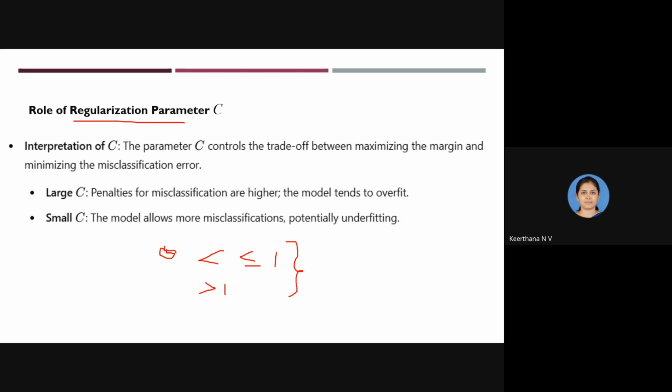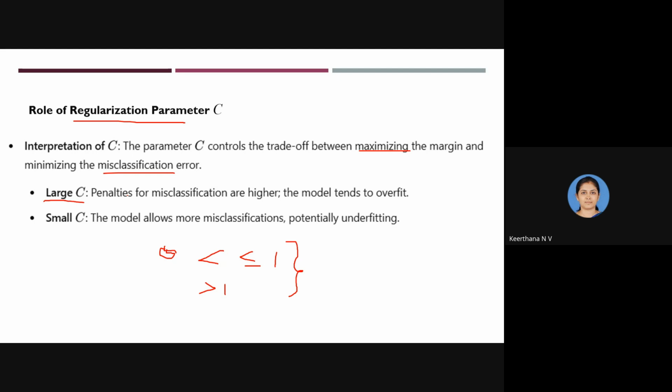This regularization parameter balances two things: margin maximization and minimizing misclassification tolerance. If C increases, there will be more severe penalties for misclassifications.